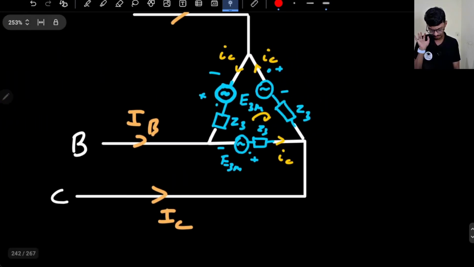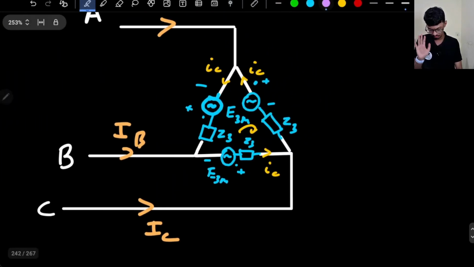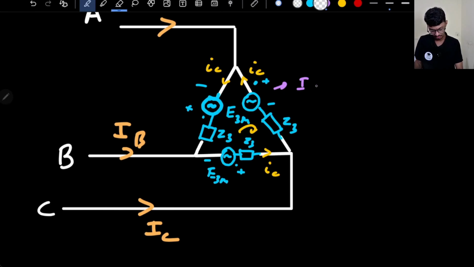Let's take a small example. Let's assume that this is phase A. So IA current contains a combination of the fundamental and the third harmonic component. So it will be IA1 plus IA3.